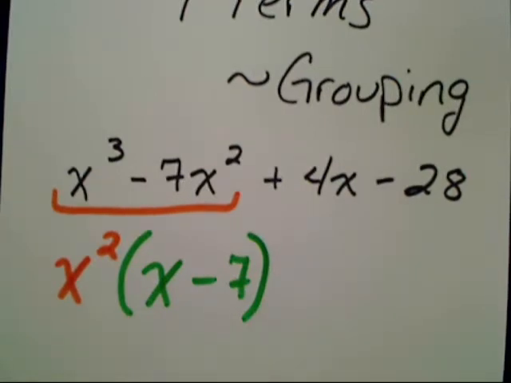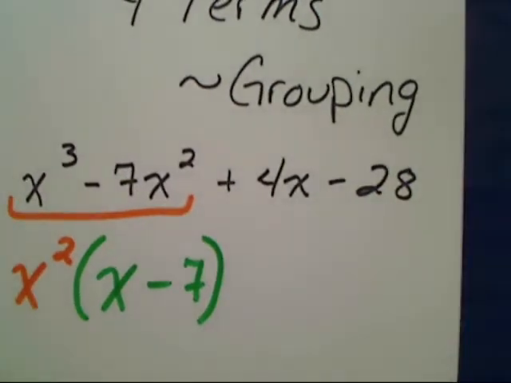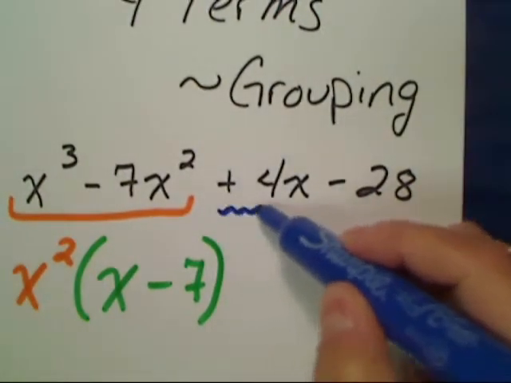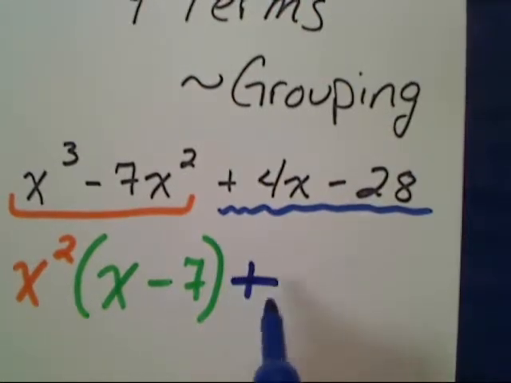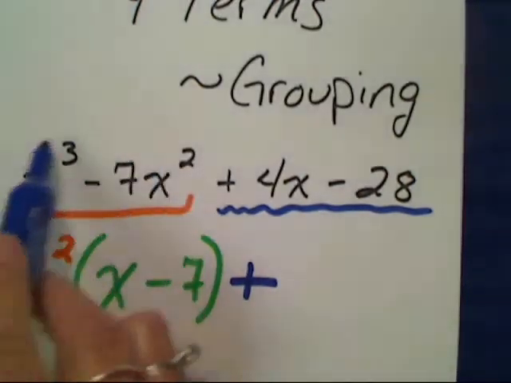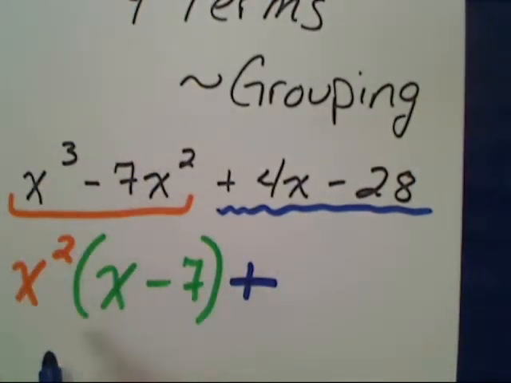Now I'm going to do the same idea with the second 2 terms. I'm going to group those 2 together and say, what's the greatest common factor between 4x and 28? The greatest common factor there is 4. Now it's a positive 4, and because I'm grouping 2 separate terms, I need to put that plus sign in to separate my terms, because I rewrote the first 2 terms as a single term.